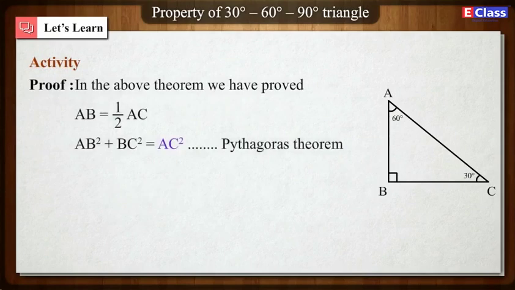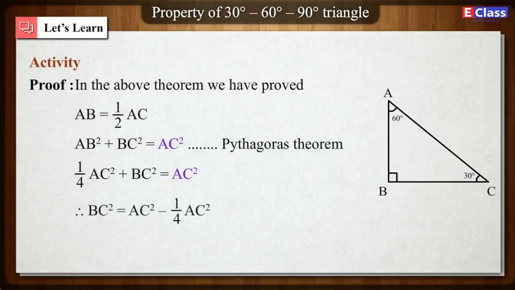AB square plus BC square is equal to AC square by Pythagoras theorem. 1 upon 4 AC square plus BC square is equal to AC square. Therefore, BC square is equal to AC square minus 1 upon 4 AC square.